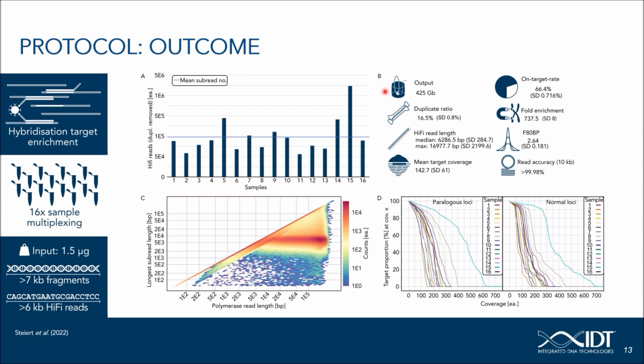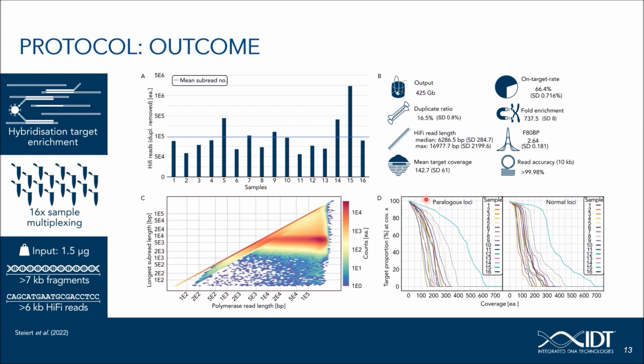Also, we were able to achieve a very good output for our Sequel II sequencing system, a low duplicate ratio, and an on-target rate of two thirds. We also included some very challenging to sequence paralogous loci within our panel design.